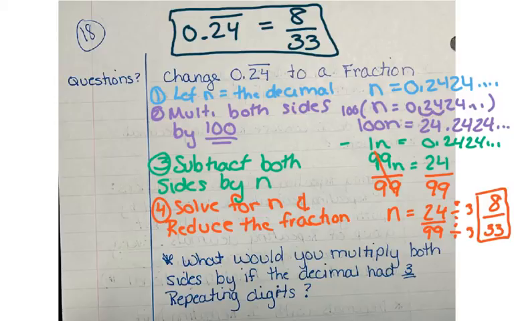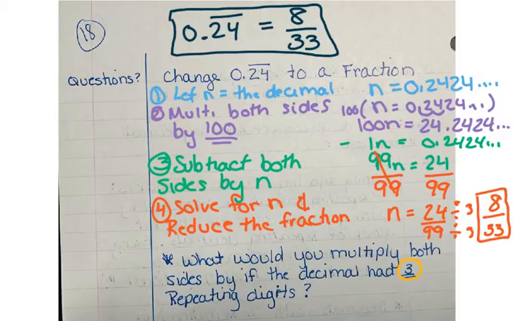After understanding everything we just learned, what would happen if we had 3 repeating digits? What would I need to multiply both sides of the equation by if we had 3 repeating digits?